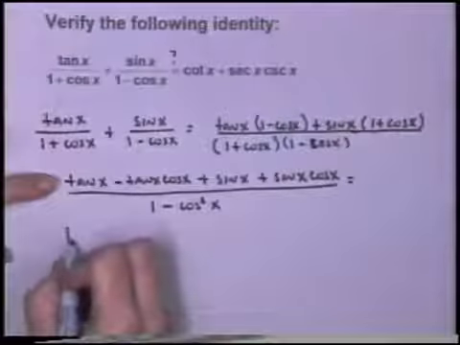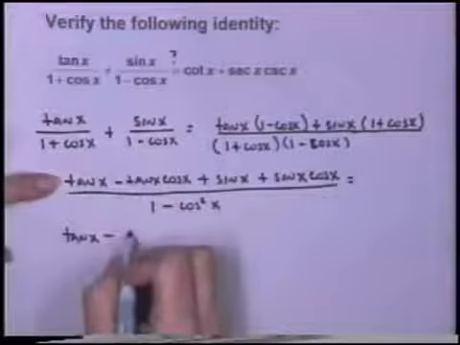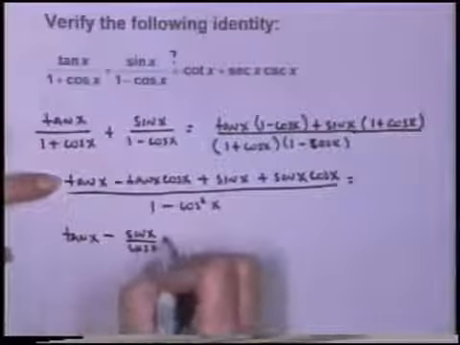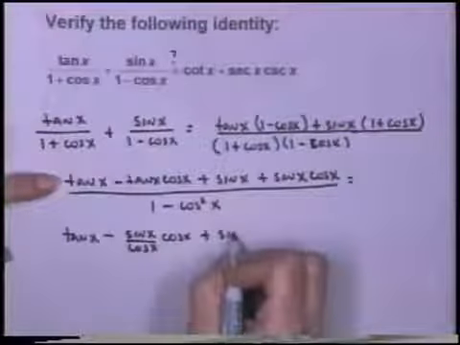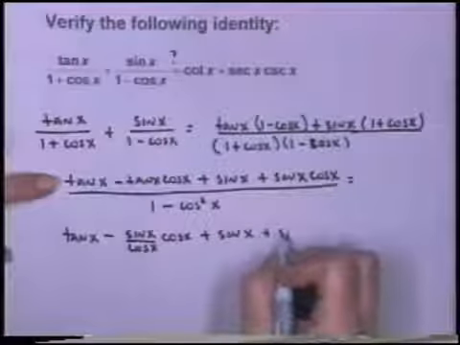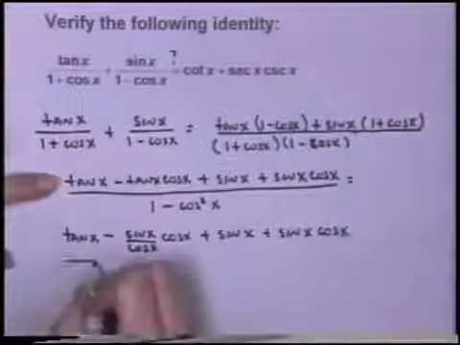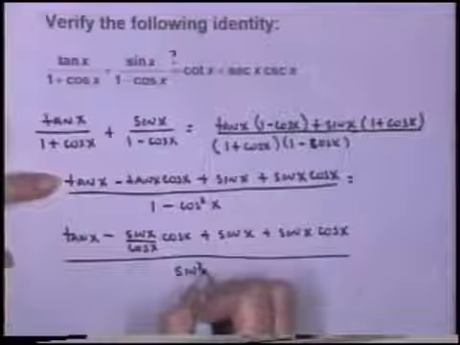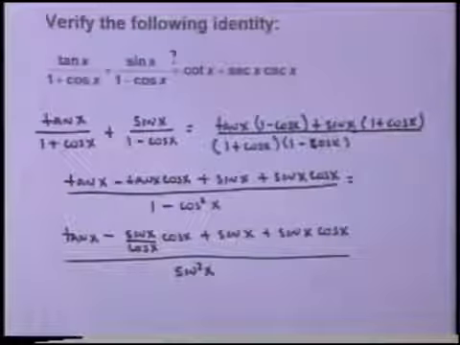Wow, looks bad, but let's see what we can do. Tangent x, let me bring that down right now. Tangent is sine x over cosine x. That's times cosine x, so we'll see what happens there in a second. I'm just recopying all this other stuff right now. 1 minus cosine squared x is sine squared x. I'm going to go ahead and put that in.